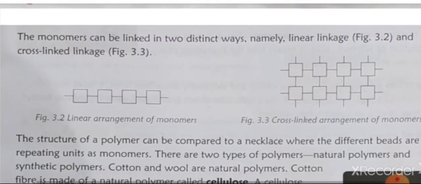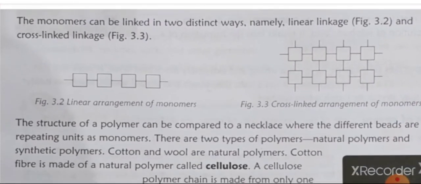Now you can see in the figure also, beta, the monomers can be linked in two distinct ways, namely linear linkage, linear means line में, figure 3.2, and cross linkage, when they are arranged up and down, left and right, etc. You can see in figure 3.3, beta.